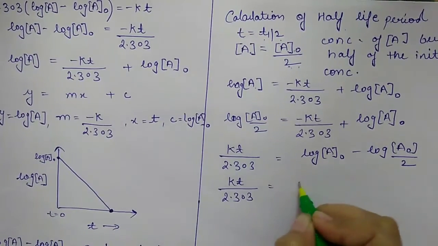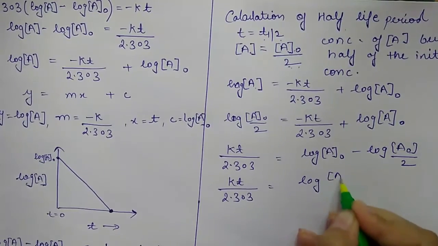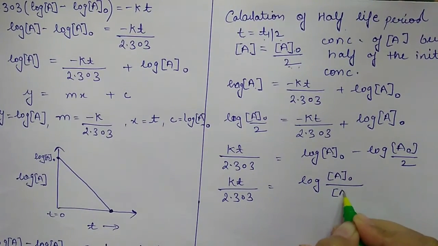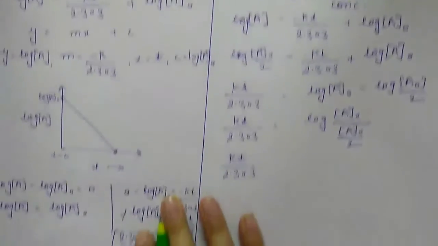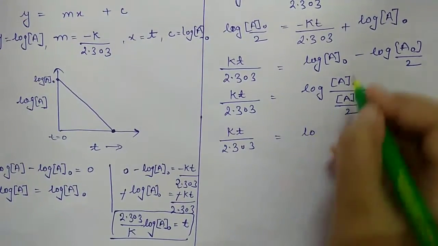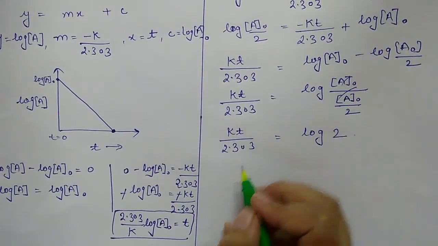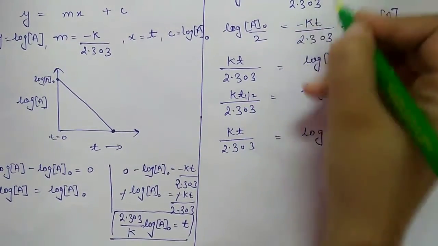You will get, log A minus log B is log A by B. So here you will get log 2. Okay. Here t is t half. Sorry, I forgot to put it.